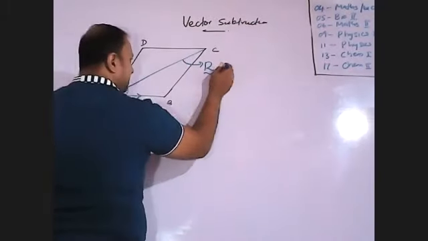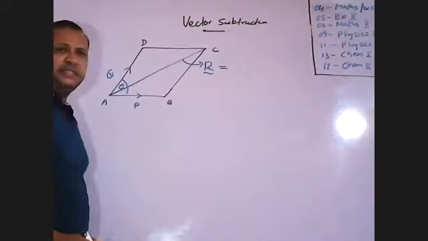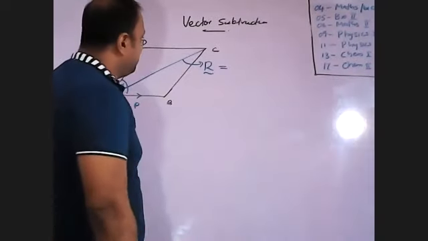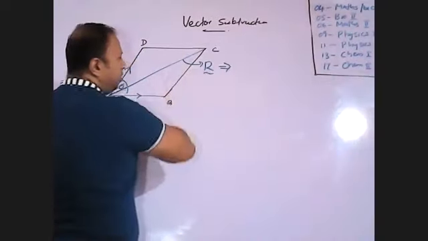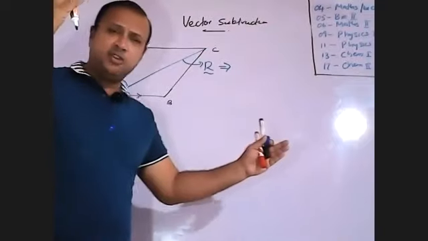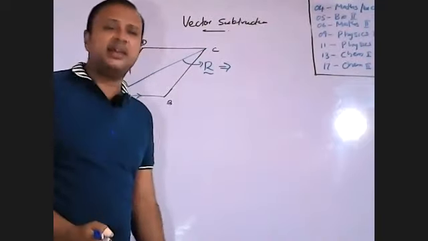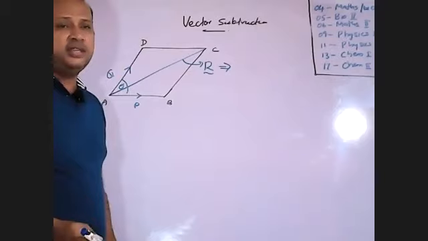Resultant vector means this AC length, which is equal to the magnitude of the resultant force.